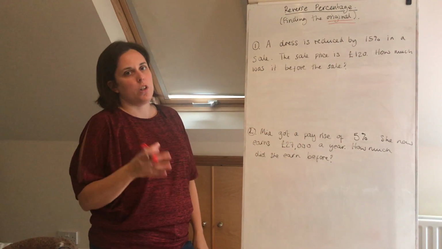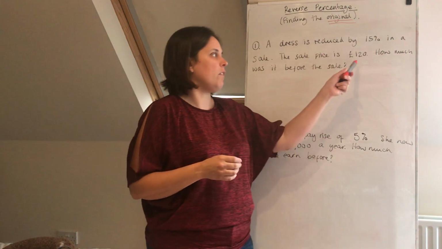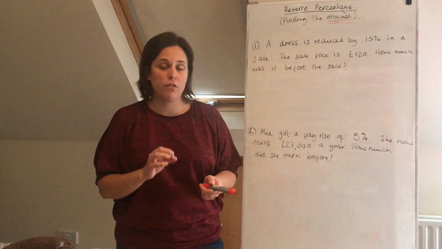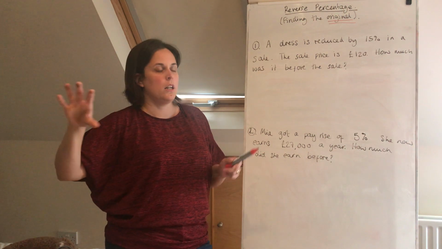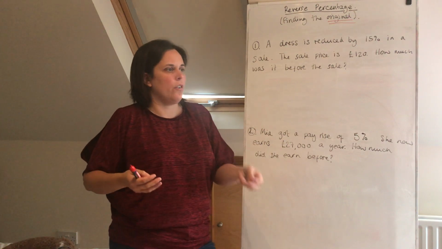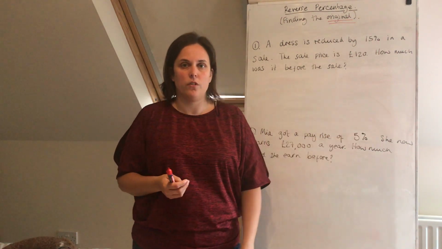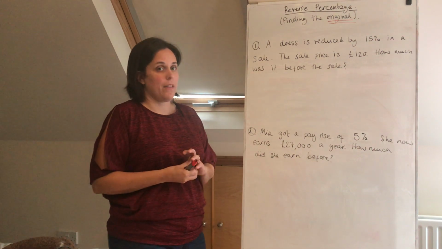The original amount is your 100. 15% of 120 is going to be very different to 15% of the original price. Although the percent stays the same, 15% of 50 is different to 15% of 150. So you've just got to bear that in mind.